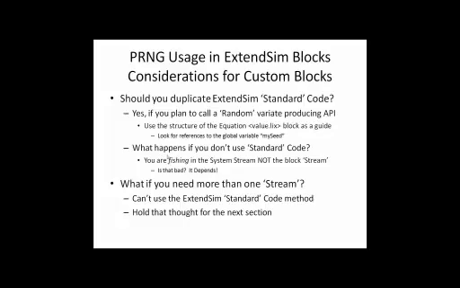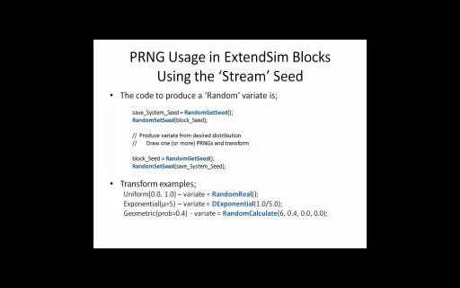The question comes, what happens if you don't use the standard code, but your block is still making calls to generate random variables? If we go back here and look at this particular code section and envision that we didn't have these before and after sets of code, we're just drawing variables at one or more places in our custom block.